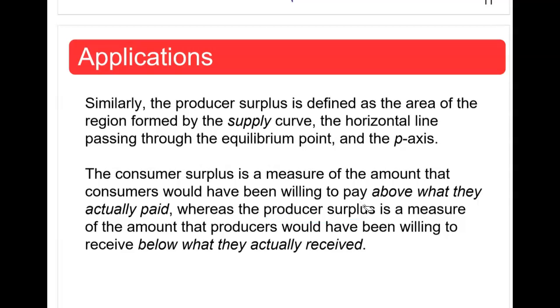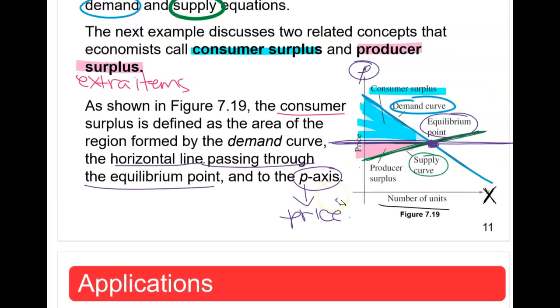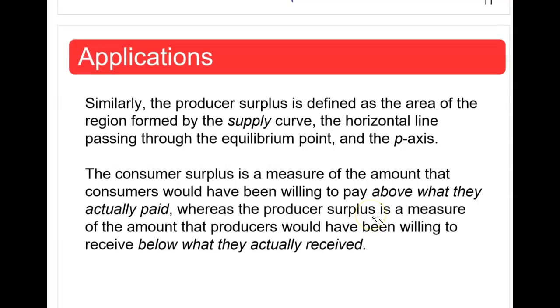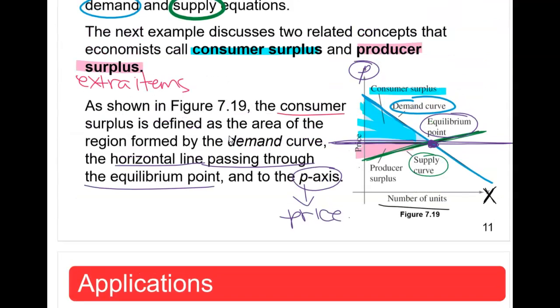So if we look at the graph, based on the price, the producer surplus is going to be a measure of the amount that producers, so I guess amount of money, because the dependent variable, the output, is the price, will have been willing to receive below what they actually receive. So I guess that's why it's below the equilibrium, the horizontal line traced around the equilibrium point.